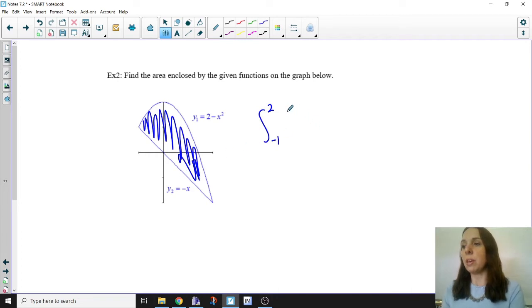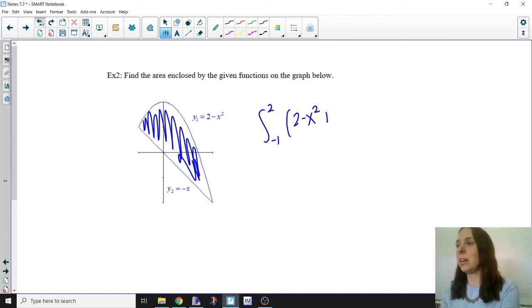So that would be 2 minus x squared minus -x. That really becomes a plus x right there. If you want to write it out as minus -x, you can, but that just changes to a plus.